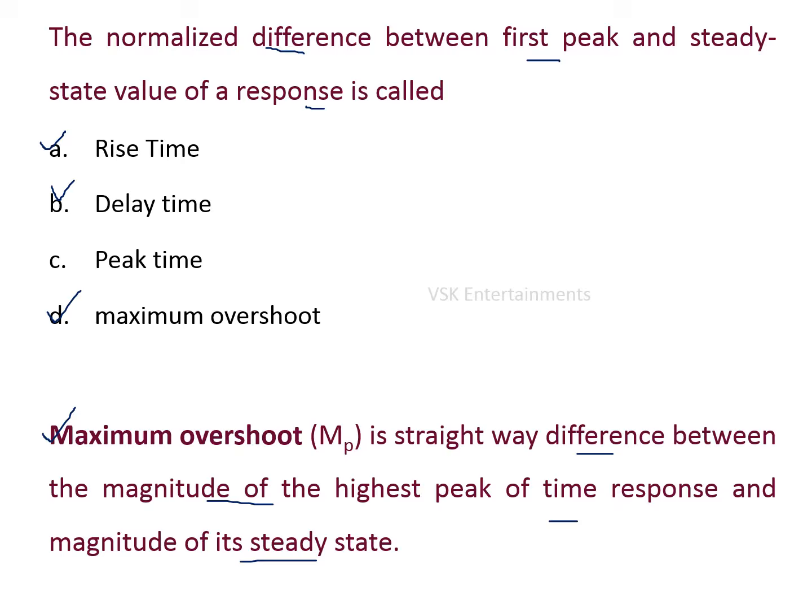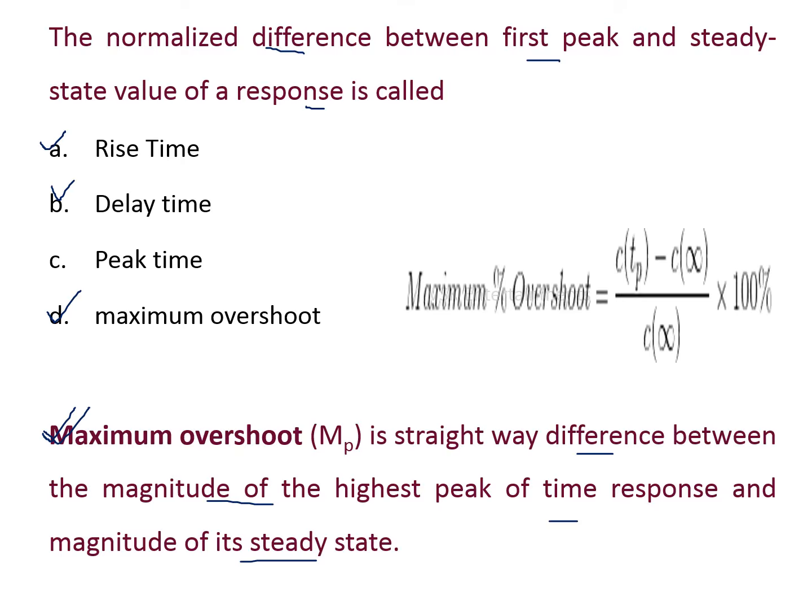The formula for maximum percentage overshoot is equal to C of Tp minus C of infinity by C of infinity into 100. That is the formula for finding the maximum percentage overshoot. So for this bit, the option D is the right answer. That is maximum overshoot.